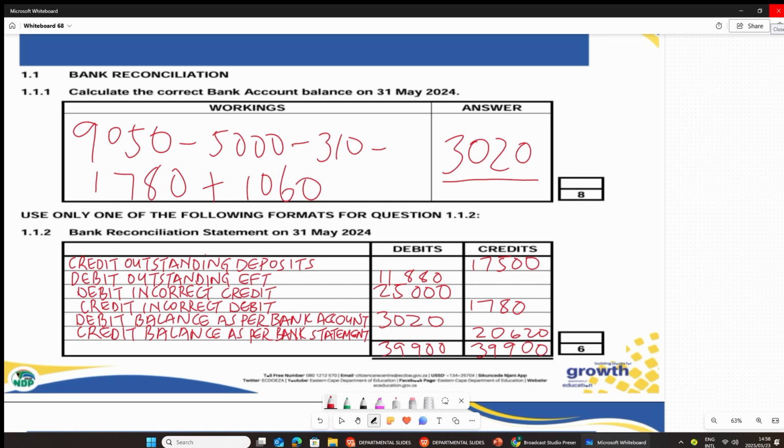When you start with the word debit or credit, you know exactly in which column the figure must go. For example, this balance of 3,020 is a favorable balance, and I started with the words debit balance as per bank account, and I put the figure in the correct side. Why? Because if you put that 3,020 in the credit side, all the effort you put in to get this 3,020, you are going to lose the marks there.